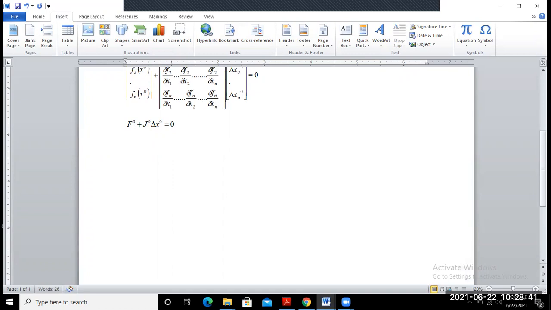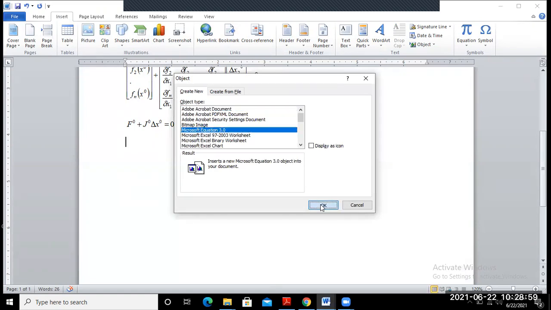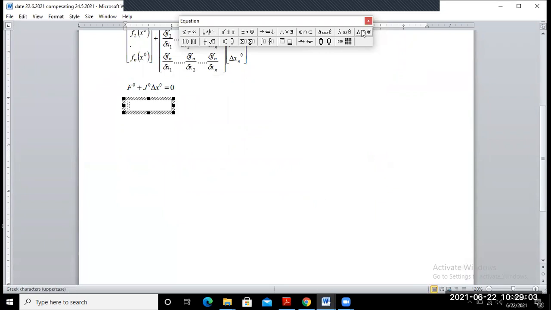So we can write del x0 equal to minus J0 inverse into f0.